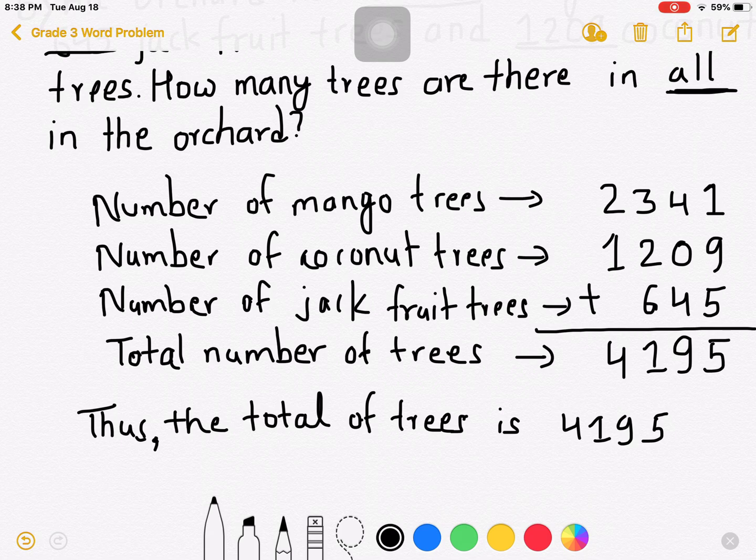Okay, here let's write R. The total number of trees are 4195. This is our conclusion.